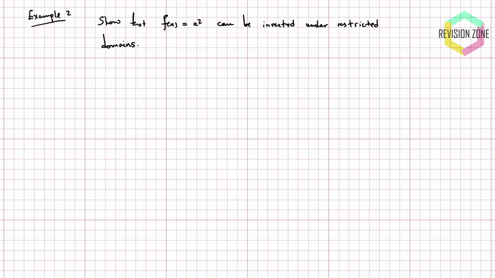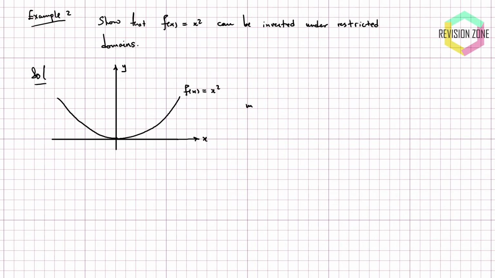Example 2, we have to show that the function f of x equals x squared can be inverted, but under restricted domains, right? So let's think this through. If I go to the graph of y equals f of x, let me get a grid here. So if this is our graph, f of x equals x squared, we know that this is many to 1.